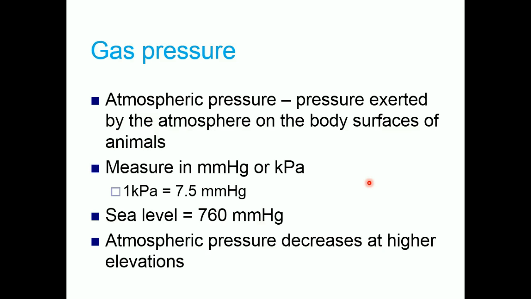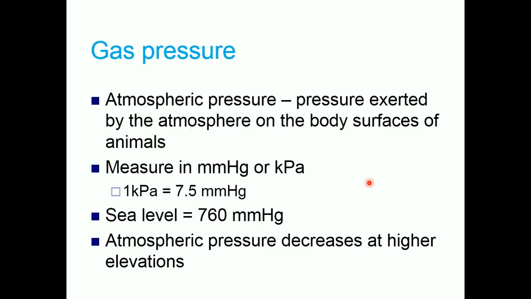Hg is the elemental symbol for mercury. Just keep in mind that 1 kilopascal is roughly 7.5 millimeters mercury. Now, at sea level, so this would not be the case in Yachaitek at 2,100 meters elevation, the pressure is about 760 millimeters mercury, or about 100 kilopascals.